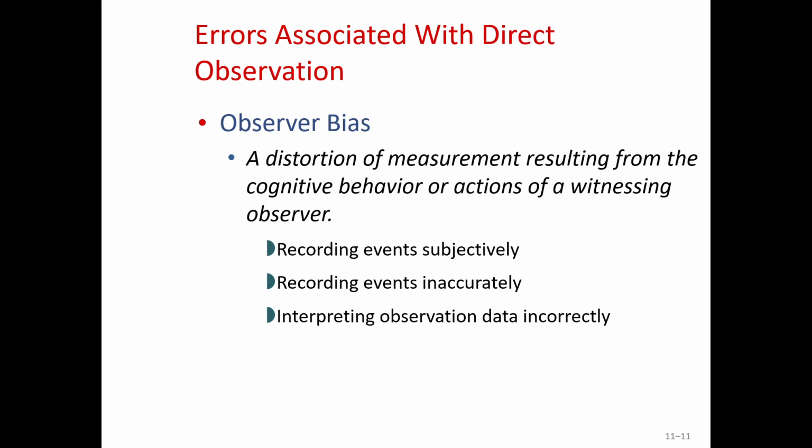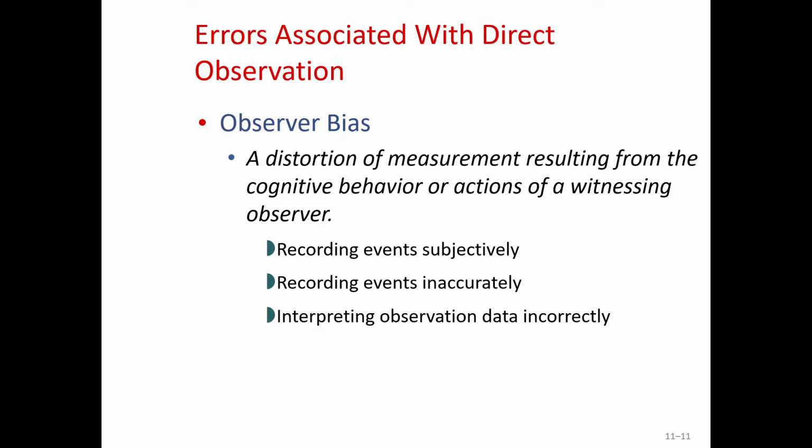Now, there are errors associated with direct observation. Although direct observation involves no interaction with the subject, the method is obviously not error-free, and the observer may record events subjectively. The same visual cues may influence both the interviewer and the respondent.